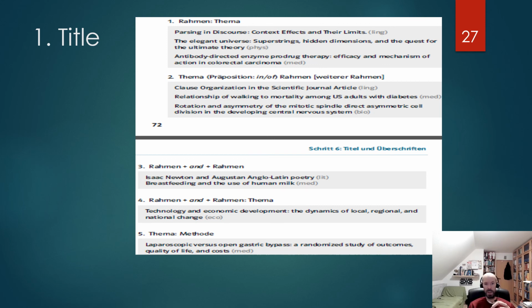Laparoscopic versus open gastric bypass, a randomized study of outcomes, quality of life and costs. Apart from that, there are a few other options. Sometimes these days you get questions, but few journals accept that as standard practice.